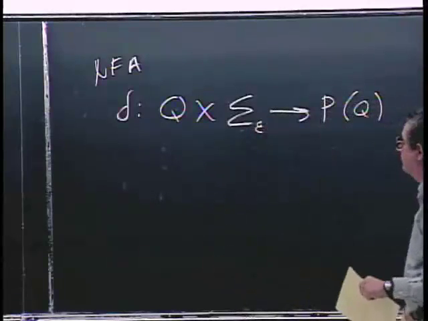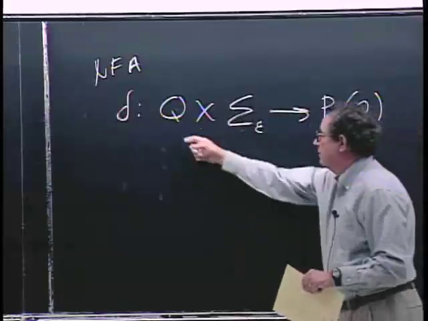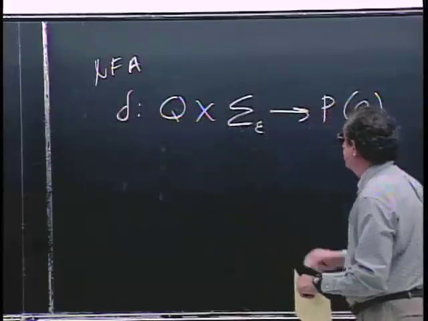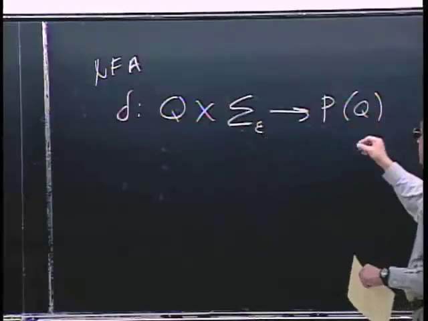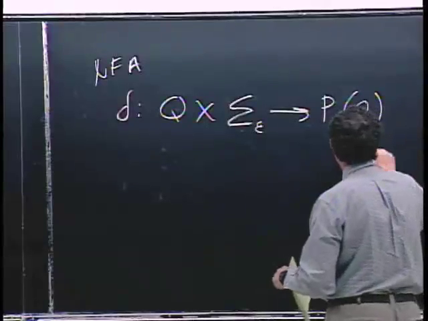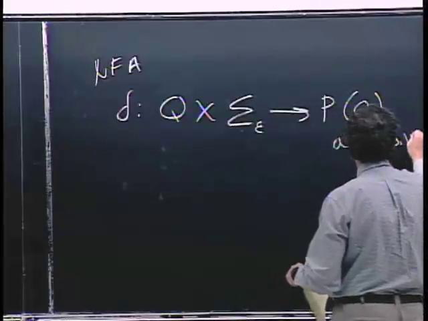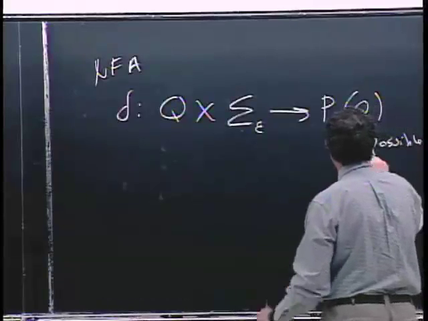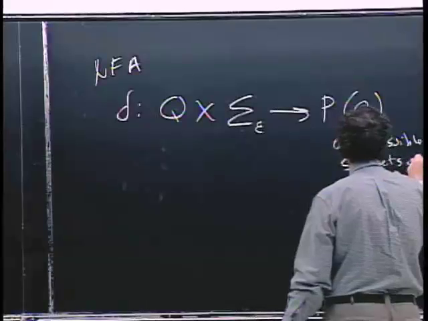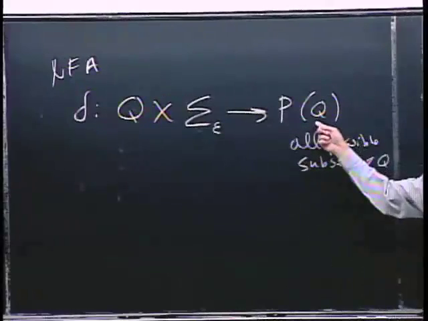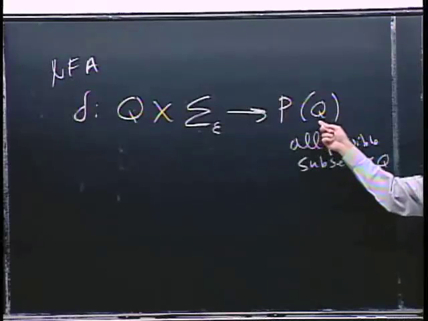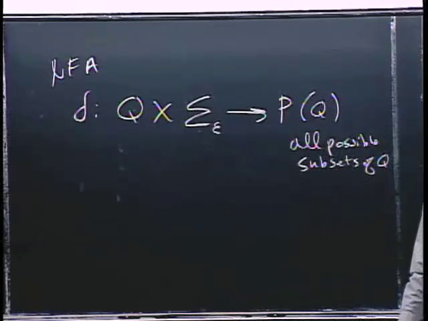It is a map or a function from Q cross sigma epsilon to the power set of Q. This means all possible subsets of Q. So this is a subset of states. Now that subset of states includes a very particular subset, which is the empty set.